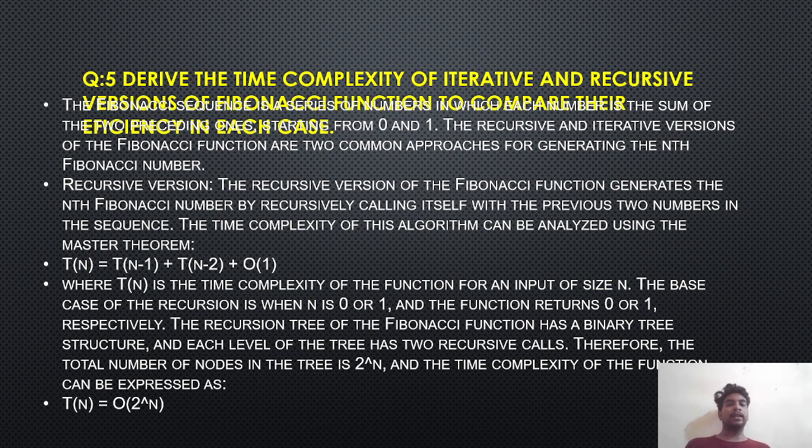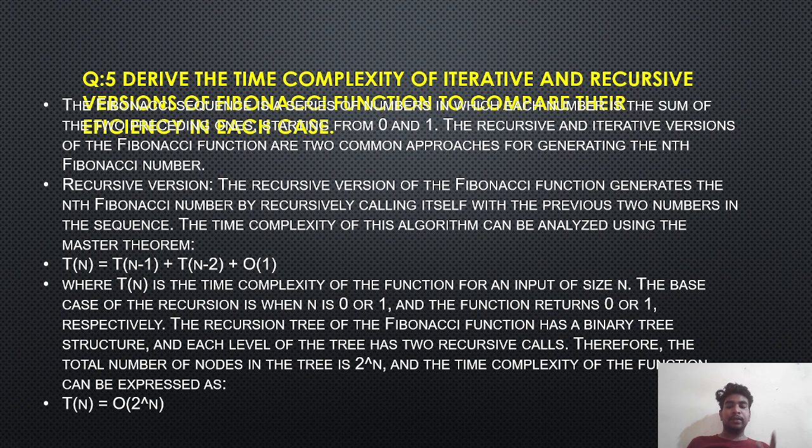So the recursive version of the Fibonacci function generates the nth Fibonacci number by recursively calling itself with the previous two numbers in the sequence. So it shows T(n) = T(n-1) + T(n-2) + O(1), where T(n) is the time complexity of the function.